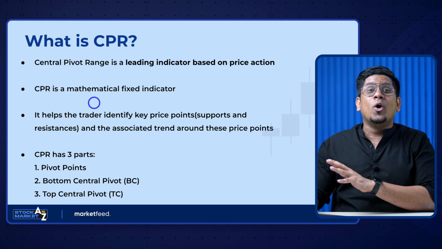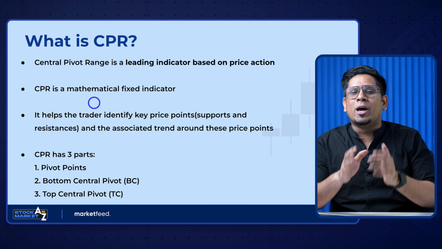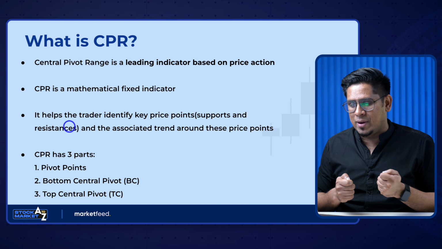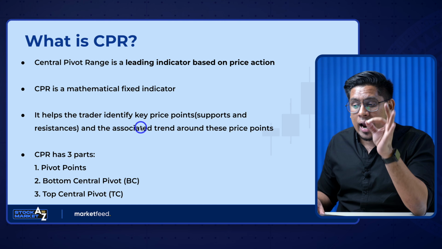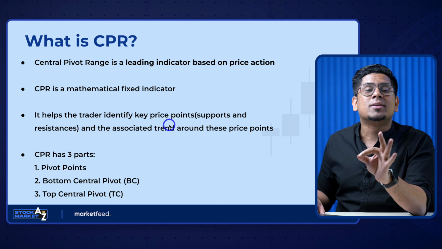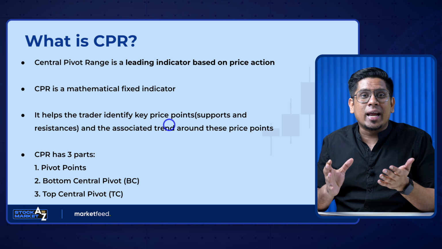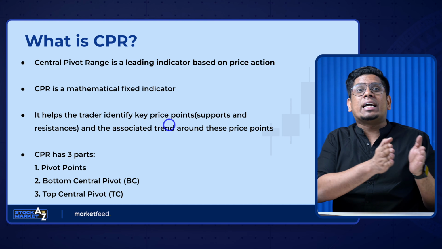When we go into the chart and learn practically how to plot and apply CPR, you'll understand what I'm talking about. Next, we should understand what the use of CPR is, right? That is what is said here in the third point. It helps the trader identify key price points. And what are key price points? Supports and resistances. Beautiful, right? Supports and resistances are something that we appreciated a lot when we learned price action trading.